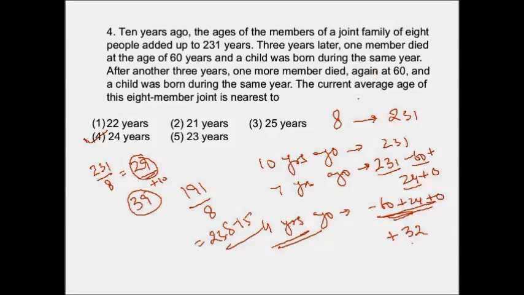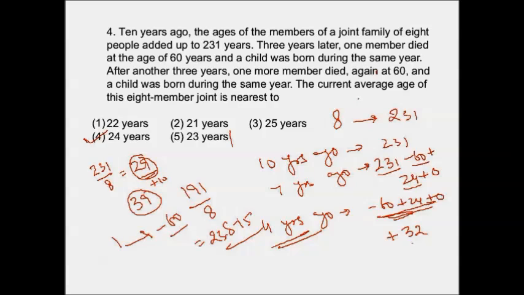But what happened actually? A member died at an age of 60 and a child was born. Can we assume that there was one member whose age suddenly decreased by 60 and became a child? So practically it looks a bit impossible, but we can assume it for a question. That the age suddenly decreased from 60 to 0 and the man has become a child now.